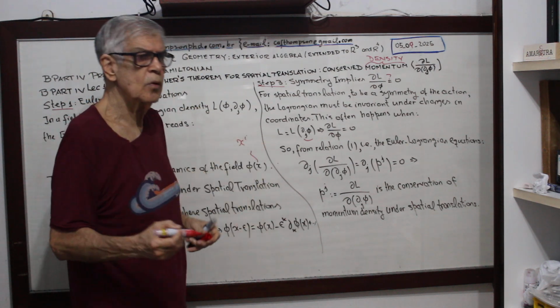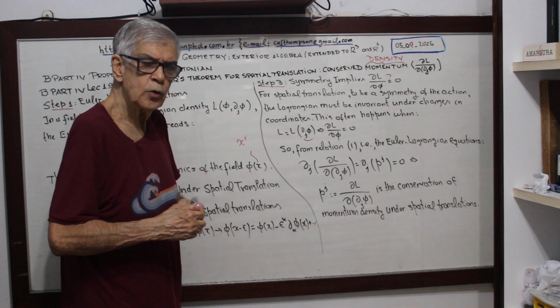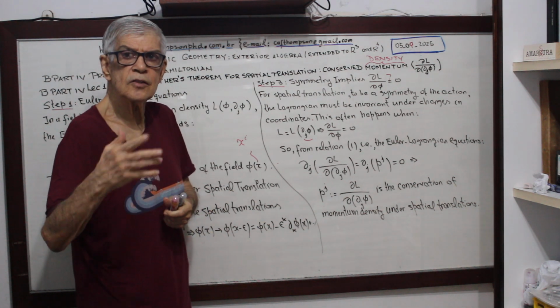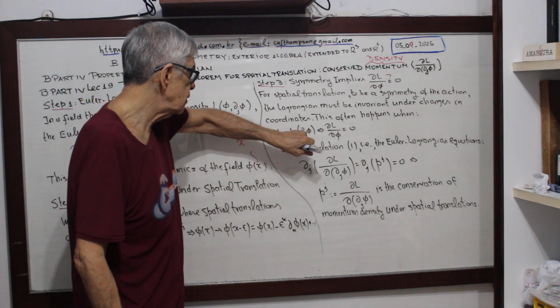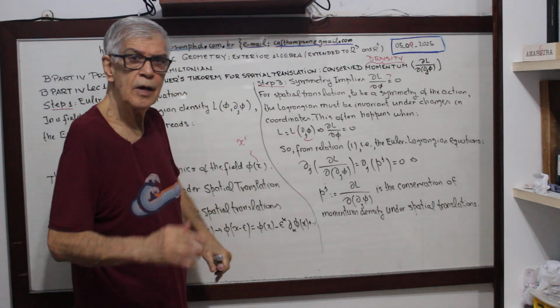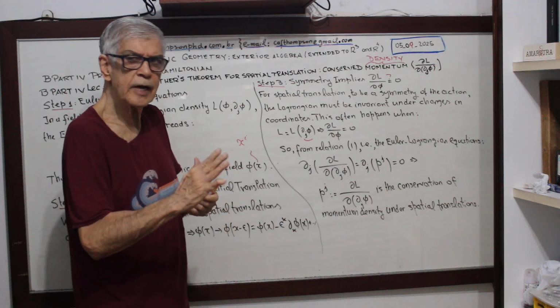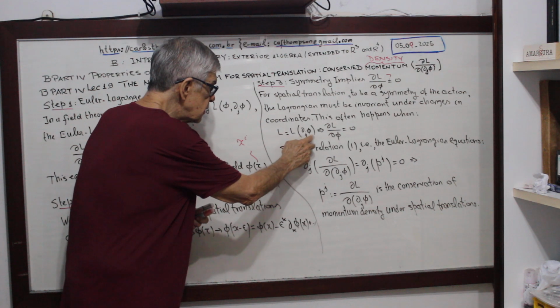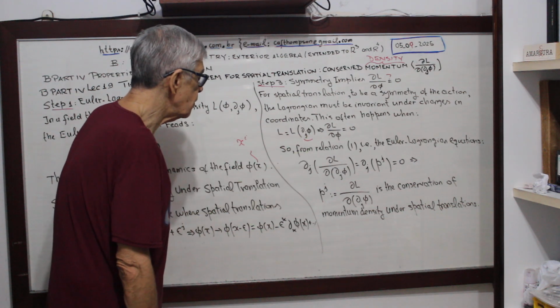This is analogous to classical mechanics. This is analogous to q dot. Q is related to the field, and q dot is related to the partial derivative of this field over here.